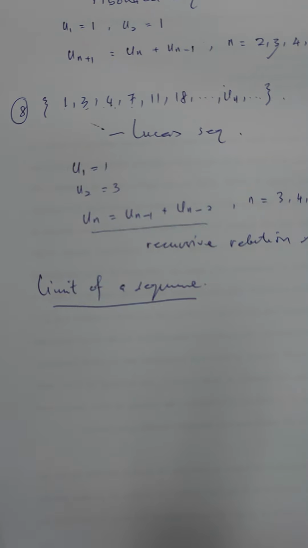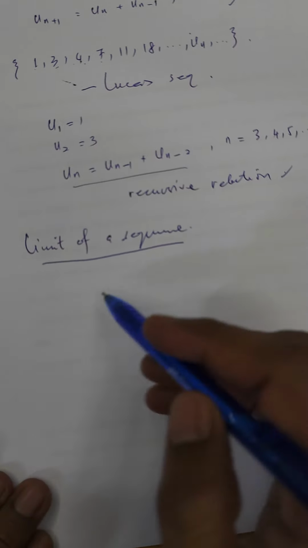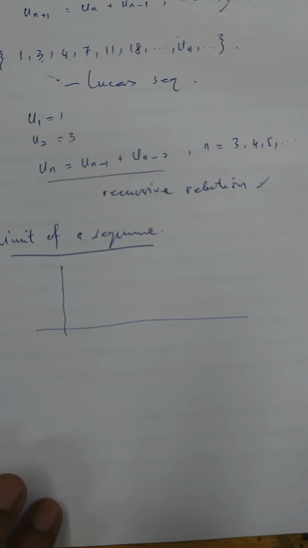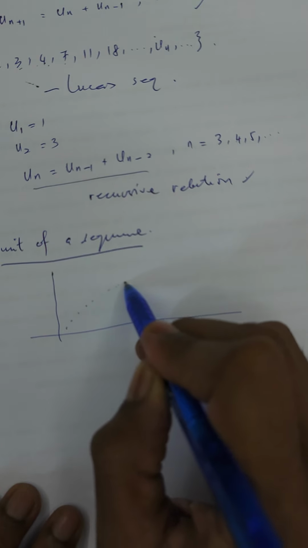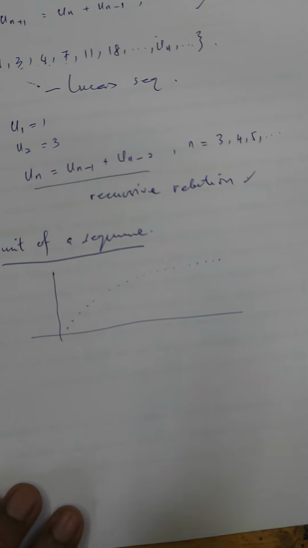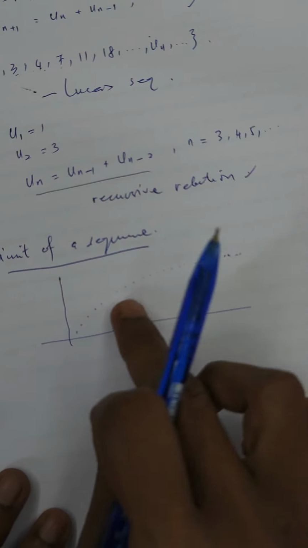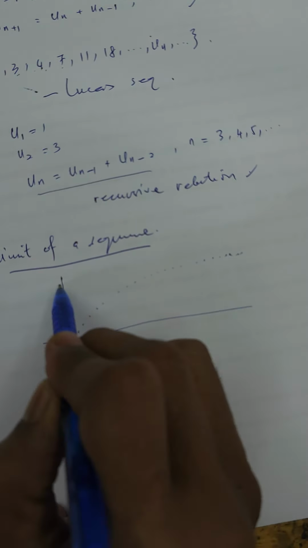So first thing, what is the limit of a sequence? Let me give you an example of one sequence. Let's say I have a sequence like this, and so on. It is obvious that in this case, this sequence will not exceed some number, let's say somewhere here.